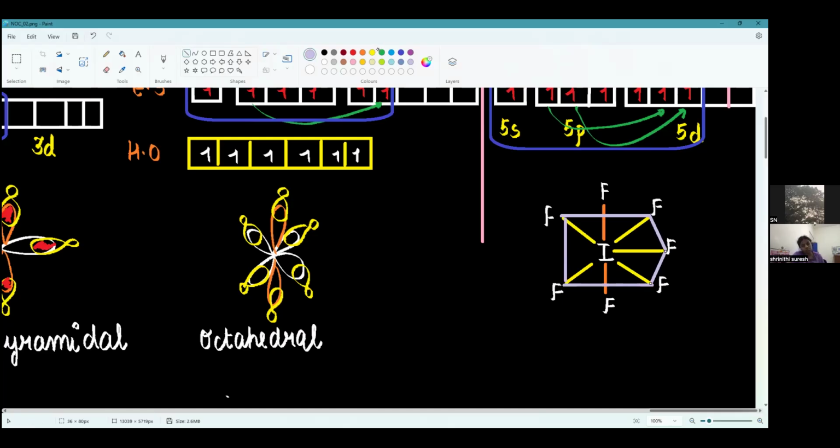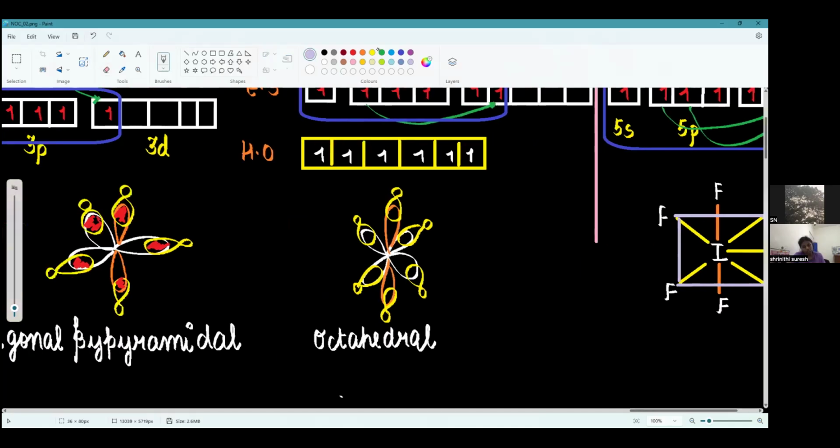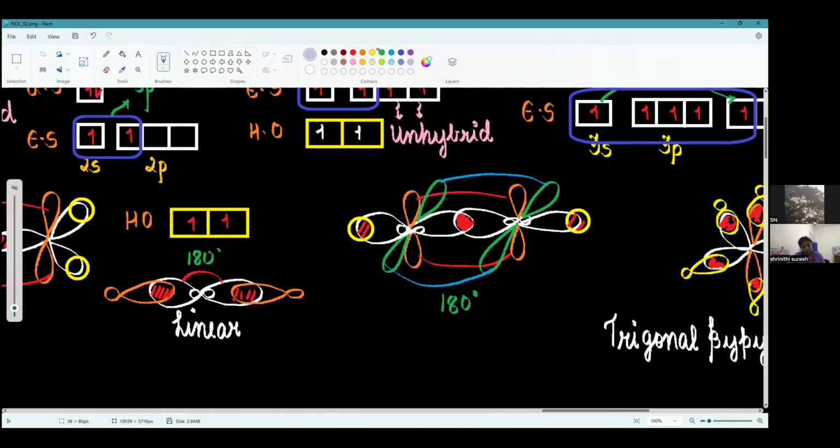Got it? तो इसमें भी एक्चुअल और इक्विटोरियल रहते हैं. The yellow bonds are the axial bonds and the orange bonds are the equatorial bonds. वो PCl5 में भी वैसा था, याद है?